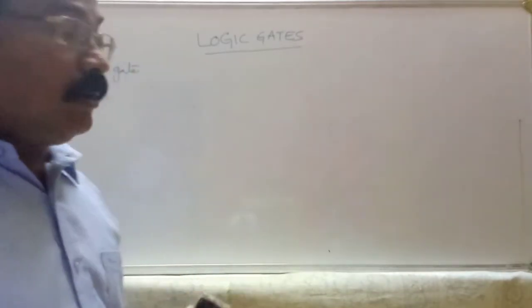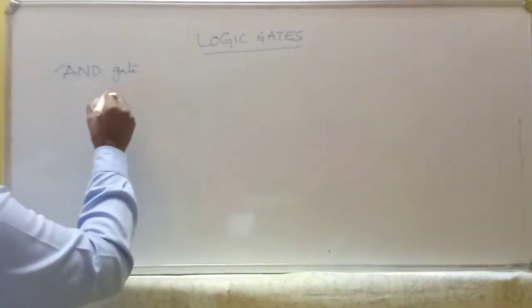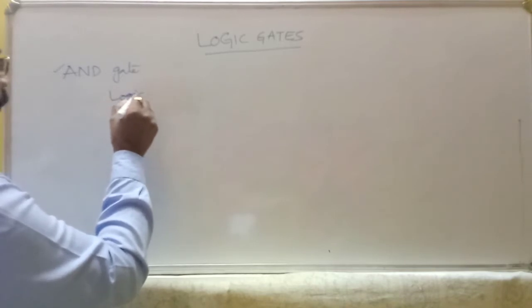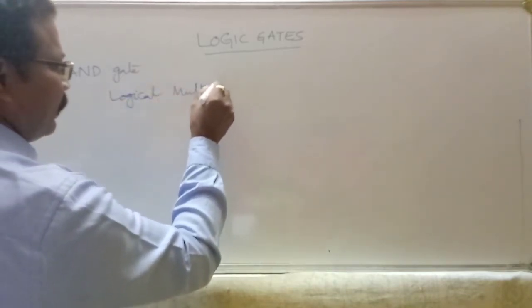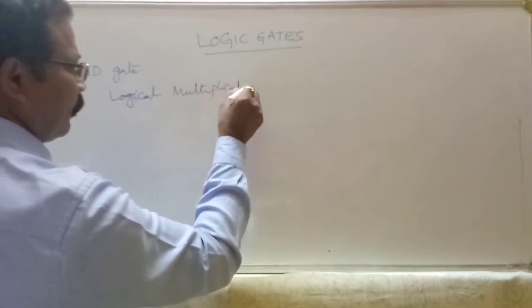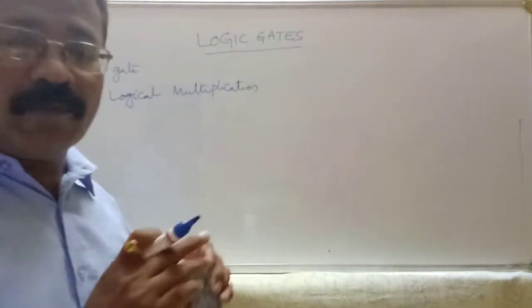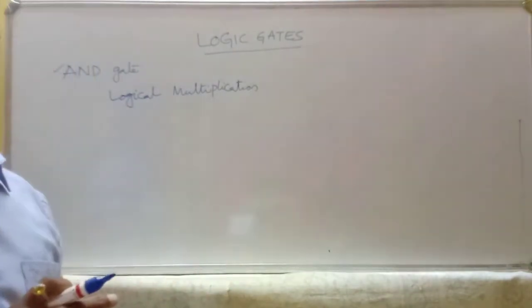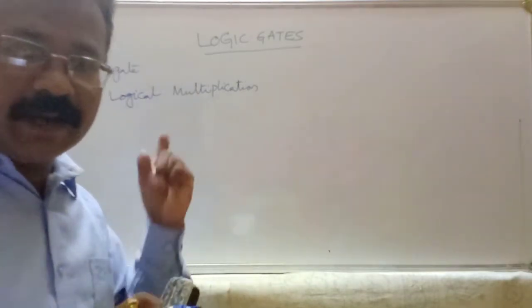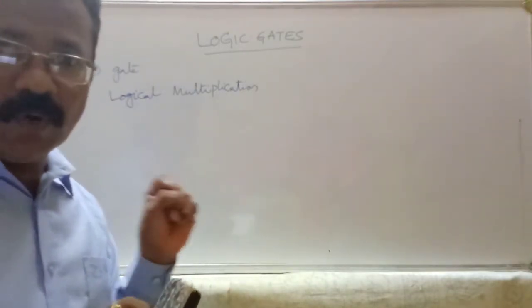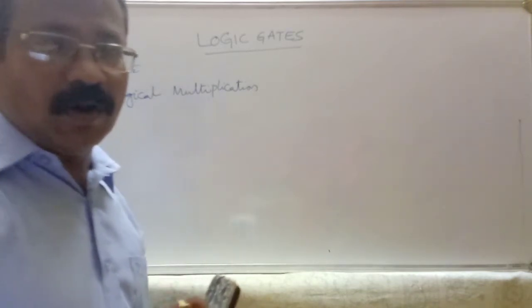The AND gate is used to perform logical multiplication. Before going to discuss this AND gate, we want to know about the multiplication rules.